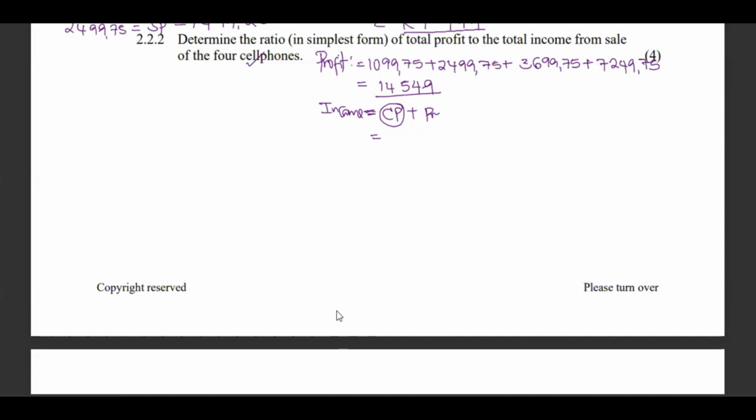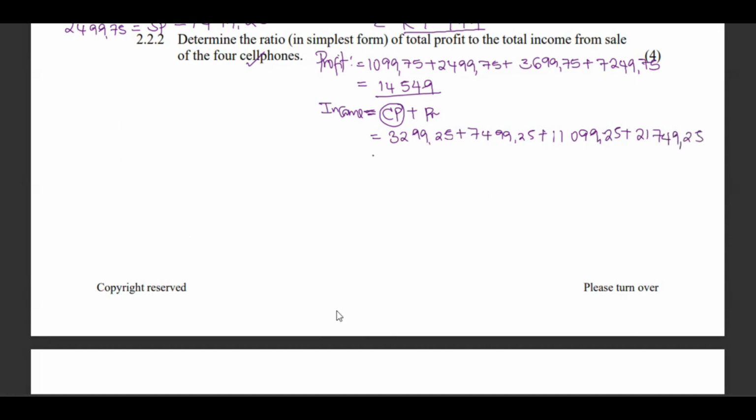So the cost prices will have to be 3,299.25 plus 7,499.25 plus 11,099 rands 25 cents plus 21,749.25.